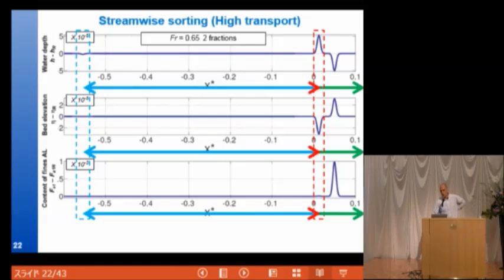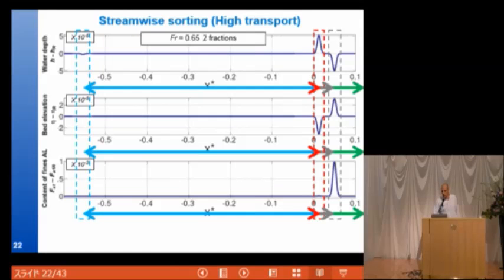Why? Well, this is the sorting wave. The sorting wave in this case is faster than the bed wave, and it carries information of a change of grain size distribution, but also a change of bed elevation.